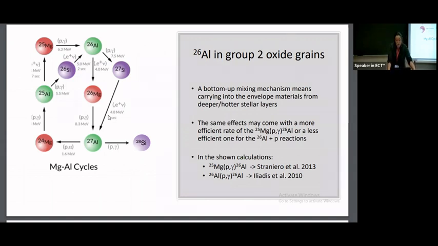I do not spend time on the channel of aluminum production, so I will assume that everything is right for the magnesium plus proton reaction, and I'm pretty sure that it is not, but by the way, that was not the title of the talk, and I'm focusing on the aluminum-26 plus proton reaction.